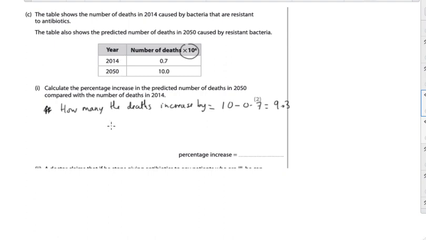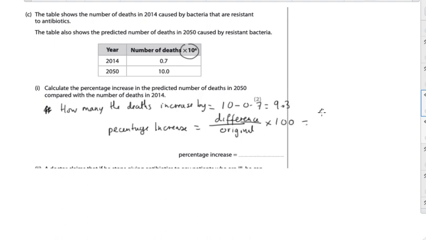Now when you have a percentage increase, you have the difference. This is the same for a decrease as well. Divided by the original times 100.